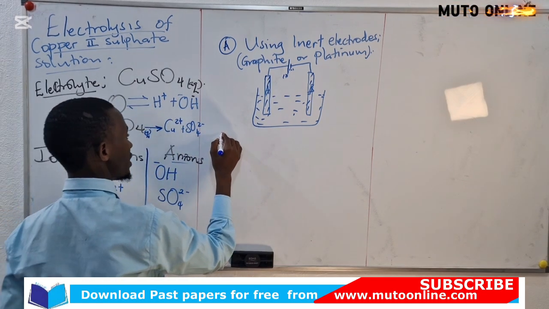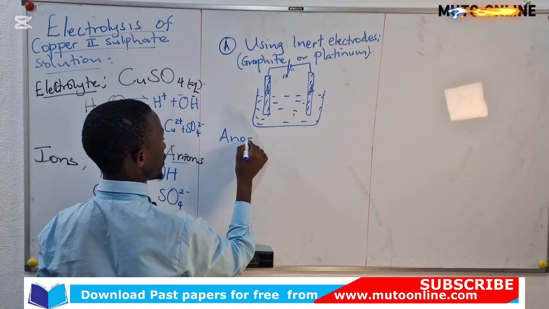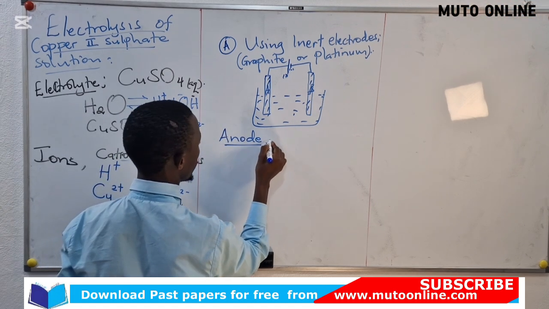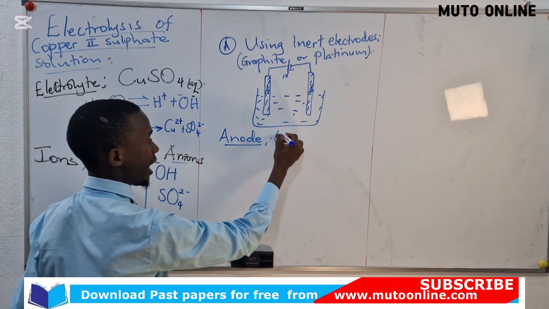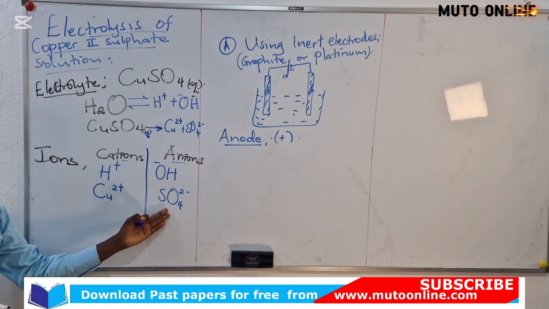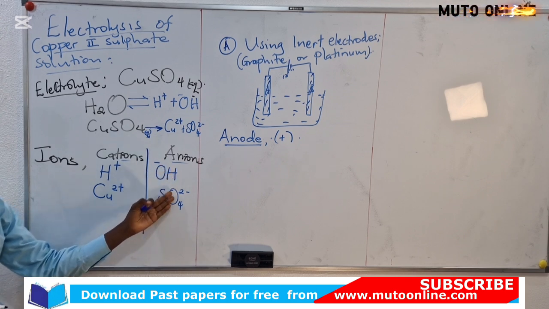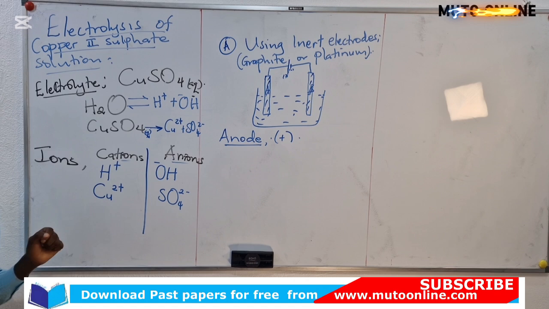So this means when we look at the anode, it means this is the positively charged electrode. It means that the hydroxide, because oppositely charged ions are the ones that migrate to that electrode.